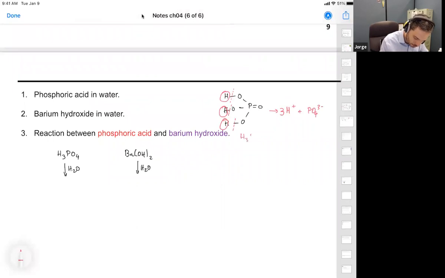Some people try to break the bond here and produce H3 plus, and this is not right, okay? What you are producing is 3H plus, because the bond between hydrogen and oxygen is going to be broken here. So those are the products of this reaction between H3PO4 and water.